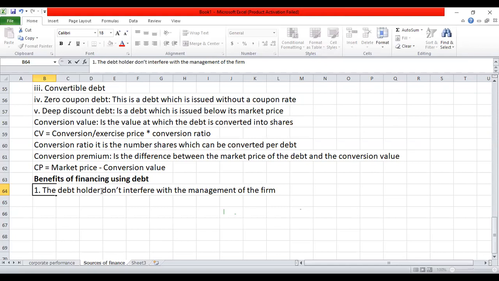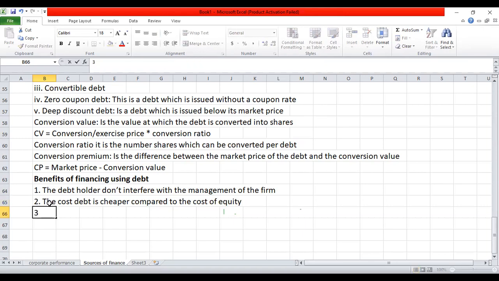Number two, the cost of debt is cheaper compared to the cost of equity. If you compare the two costs, as we saw in our previous part, the cost of debt is a bit cheaper as compared to the cost of equity.